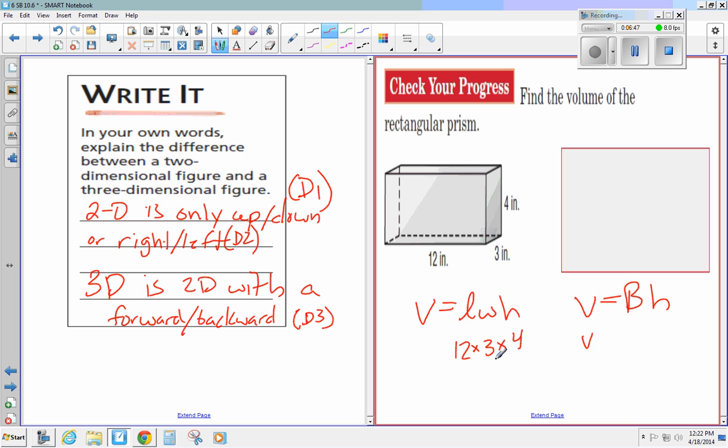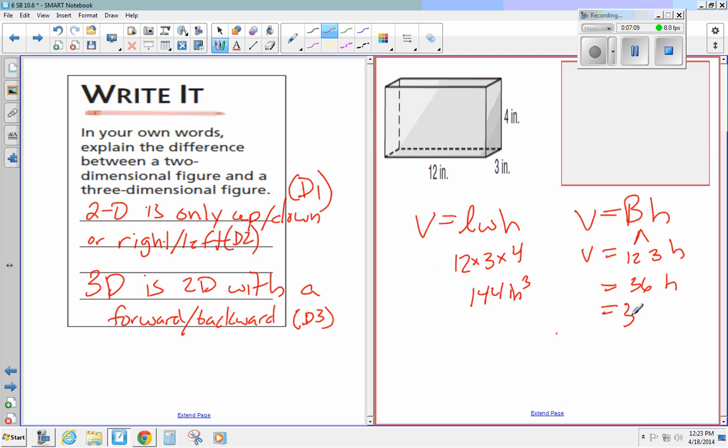So that's 12 times 12, 144 cubic inches. Over here, first start with the area of the base, which is 12 times 3, which is 36, times h. H happens to be 4, so it's 36 times 4, which is also 144 cubic inches. That's the volume using the two formulas.